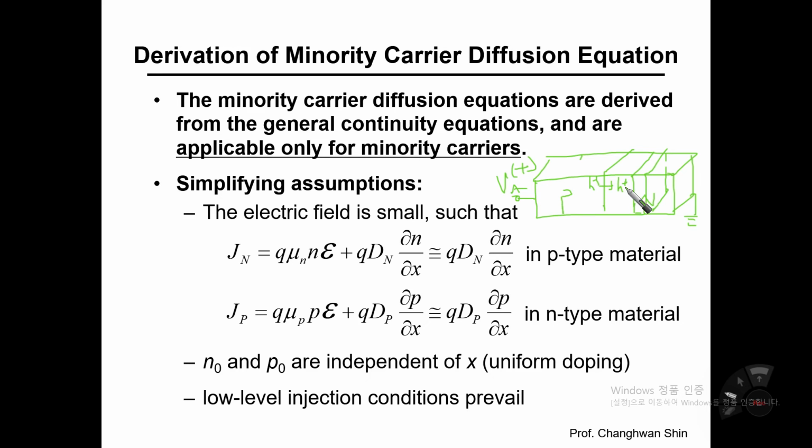The hole is injected and moving toward the left edge of this infinitesimal volume of n-type material, and it is going to be output from the infinitesimal volume. So within this infinitesimal volume, recombination and generation would happen.